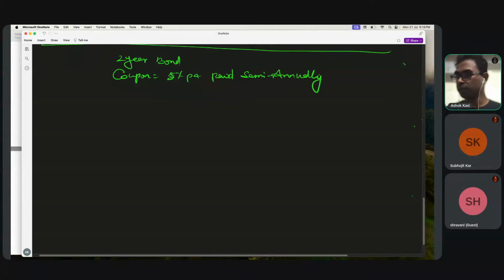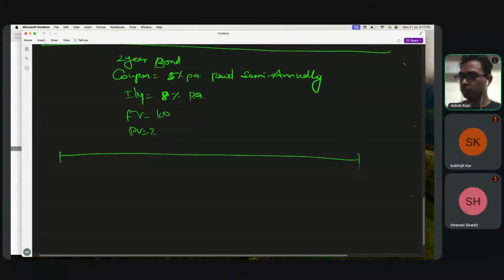IY is, let's say, 8% per annum. Future value is 100. What is the present value?